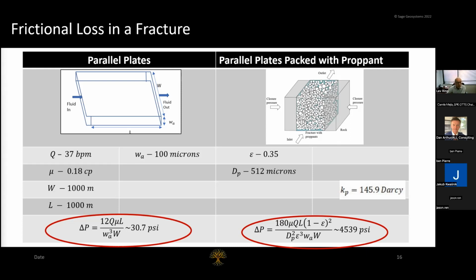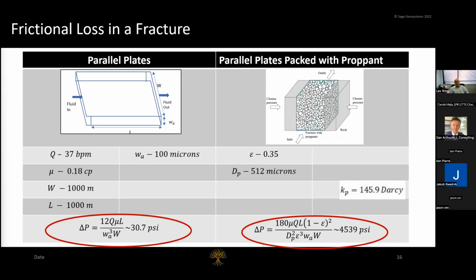It's absolutely brilliant. Good. Now, let's assume the same and fill our fracture with proppant, because we want to remove the pressure it takes to open fractures, and then circulate through this fracture.